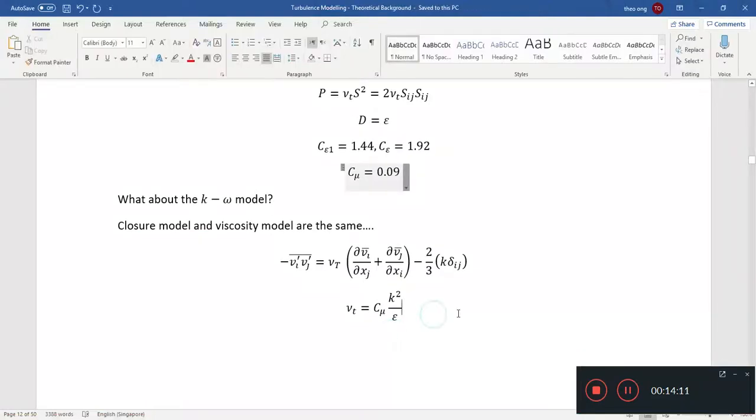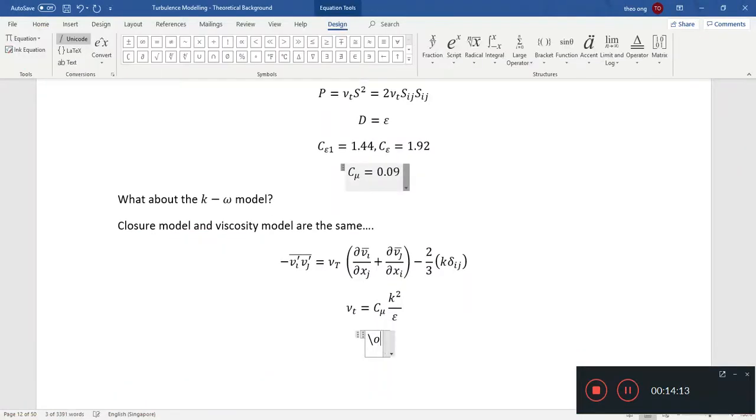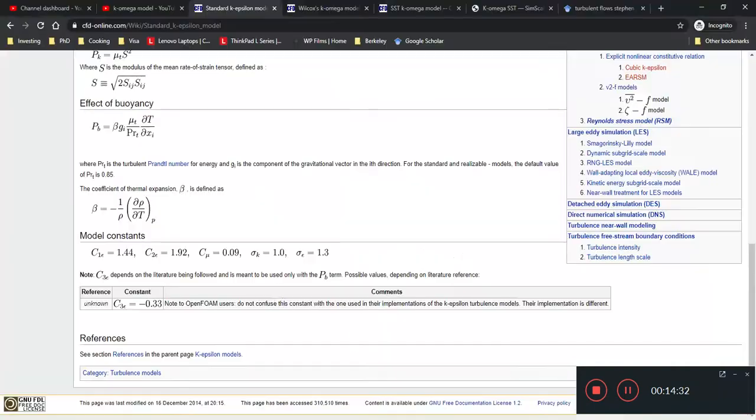Okay, in the k-omega model, we have omega equivalent to epsilon divided by k. So this is the specific dissipation rate, otherwise known as the turbulence frequency. Some people call it the turbulence frequency.